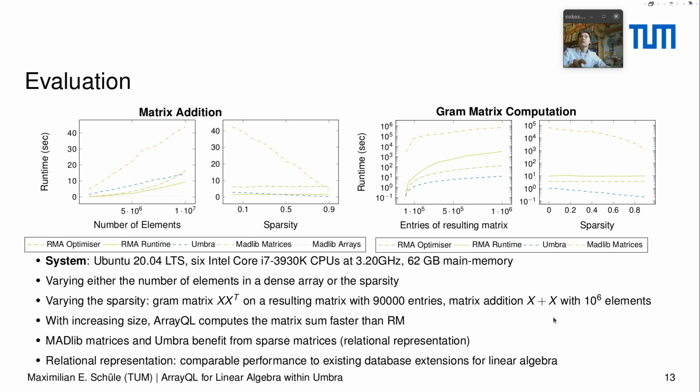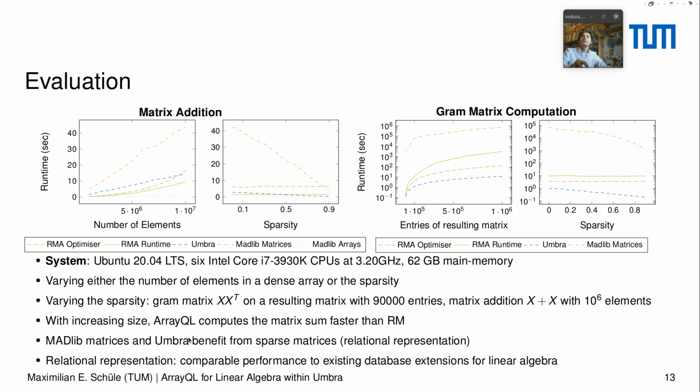Matrix addition was performed with each array having a size of 10 to 6 elements. With increasing size, ArrayQL computes the matrix sum faster than RMA. MATLAB matrices and Umbra benefit from sparse matrices because they are using a relational representation.